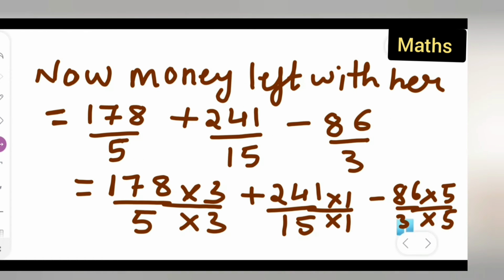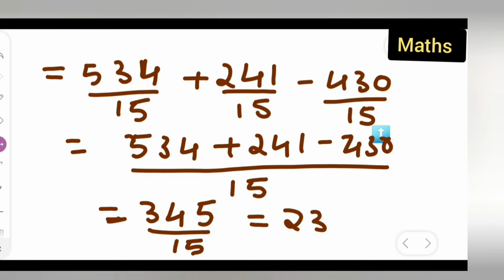Next, write 534 plus 241 minus 430, with 15 common for all.